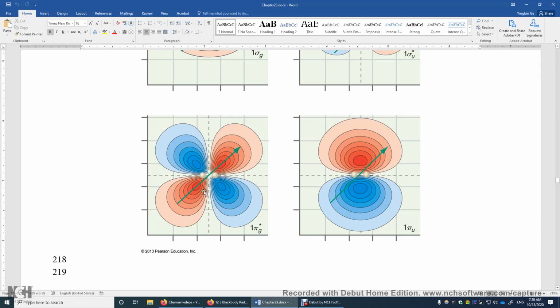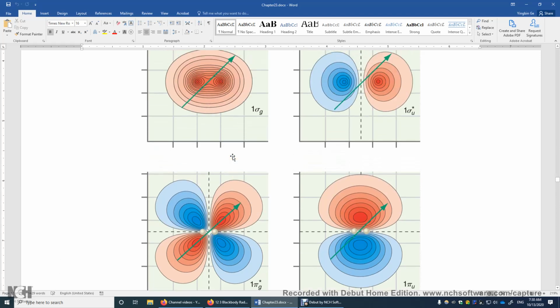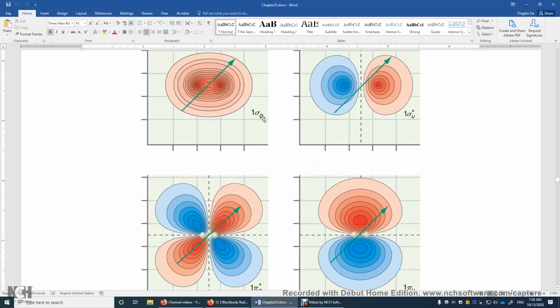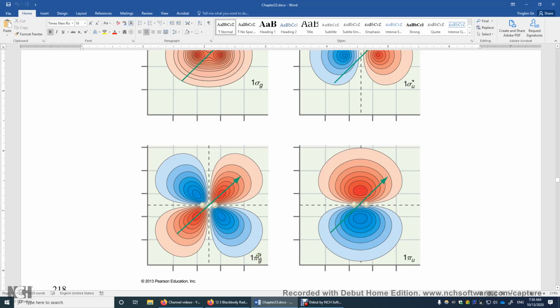Now let's draw an arrow that passes the center of the molecule, from here to here. The sign of the arrowhead is the same as the sign of the arrow tail, or you can just say the colors match. Therefore, it has a G symmetry. So look, this is different. Sigma G is the bonding orbital, but pi G is the antibonding orbital.